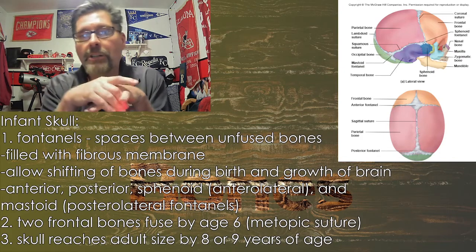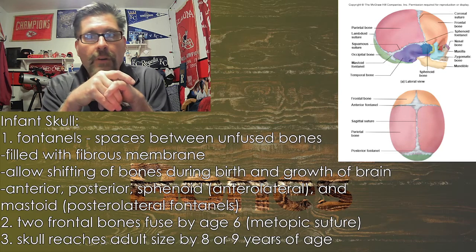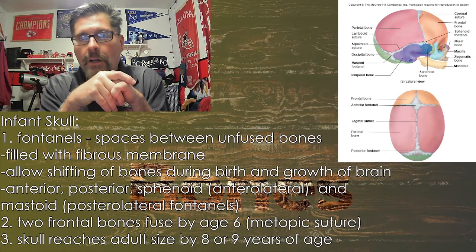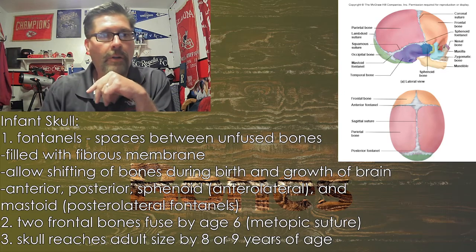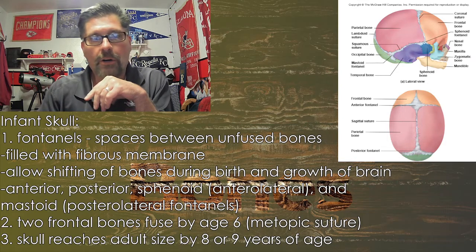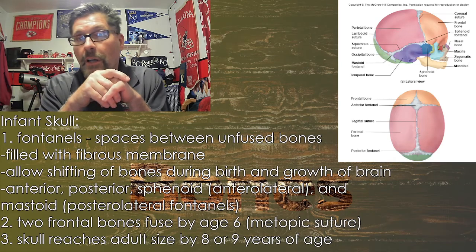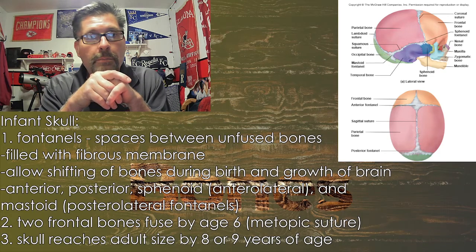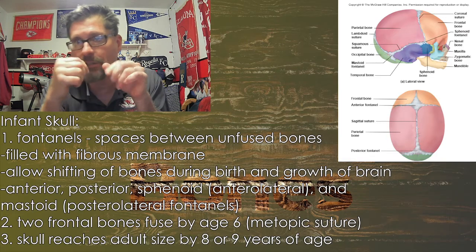And our last thing to talk about for the skull is the infant version of a skull, and something you've probably heard is, you don't want to touch a lot or do a lot with an infant skull, because they're very soft. Their bones are soft, and one of the benefits of that is with the birthing process.